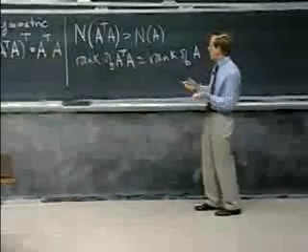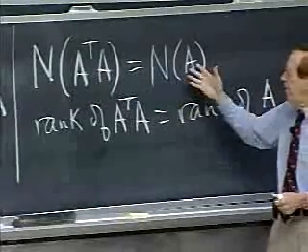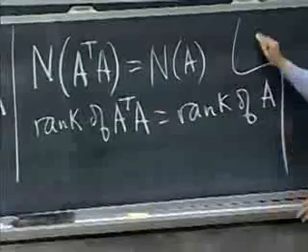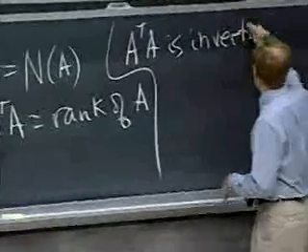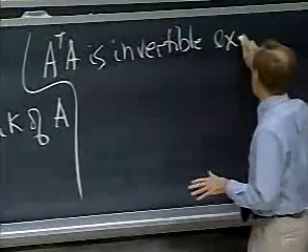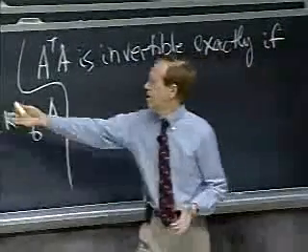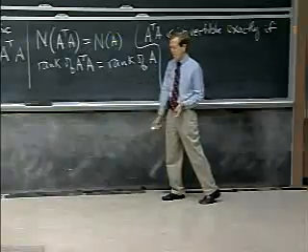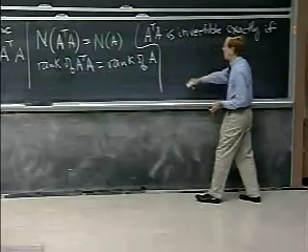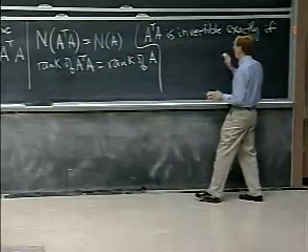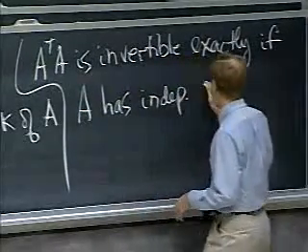This tells me that this square symmetric matrix is invertible, here's my conclusion: A transpose A is invertible exactly if this null space only has the 0 vector, which means the columns of A are independent. So A transpose A is invertible exactly if A has independent columns.